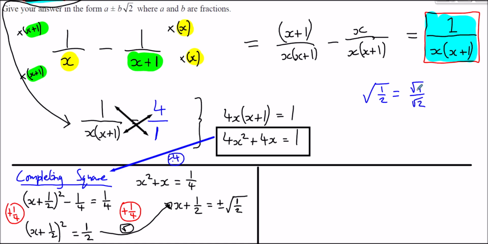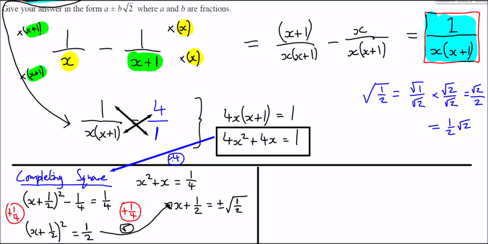I can then make this into an equivalent fraction by multiplying top and bottom by the square root of 2. So root 1 times root 2 becomes root 2. Root 2 times root 2, or root 2 squared, becomes 2. So the square root of a half is actually the same as a half of root 2.